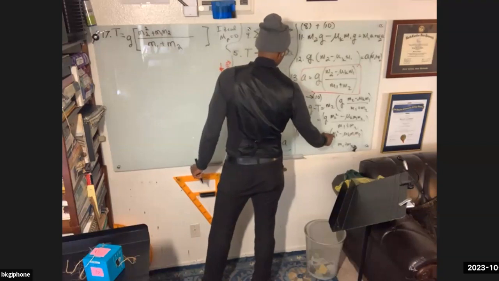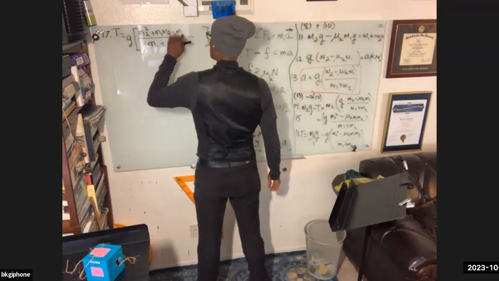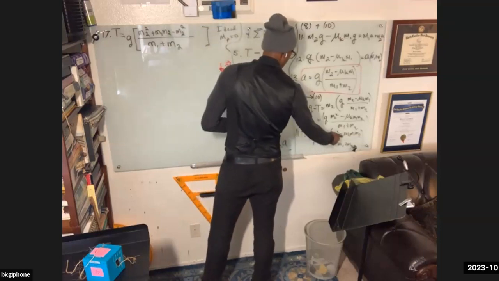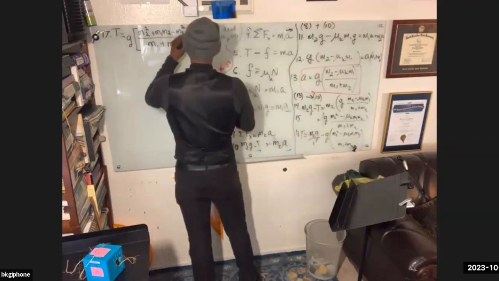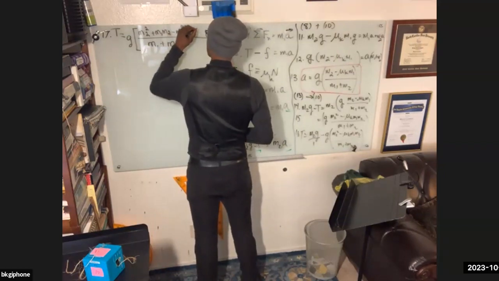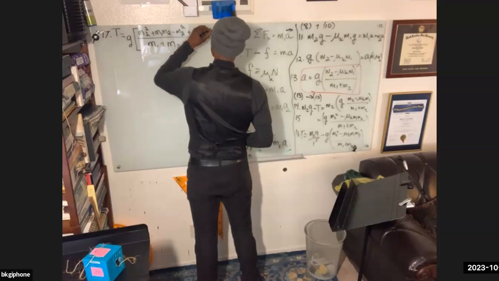So I multiply that minus sign through, I've got a minus M2 squared, and then a minus and a minus is a plus. Plus mu k M1 times M2.